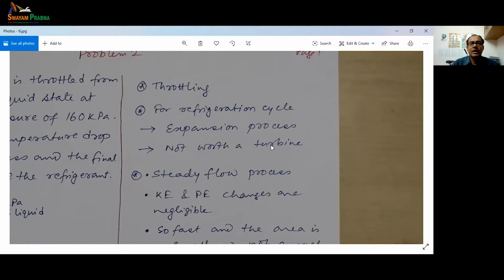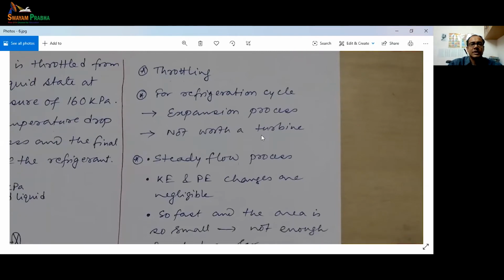Particularly the first instance you will see it is in the refrigeration cycle, in the next chapter itself, where you will see that throttling is an important part of the refrigeration cycle. So what is it? It is an expansion process, because expansion process means the pressure comes down, right? Whenever you have a pressure drop, we can call it an expansion process.